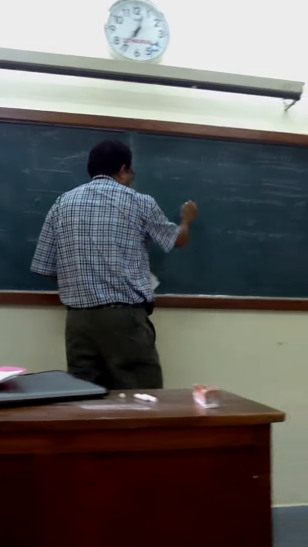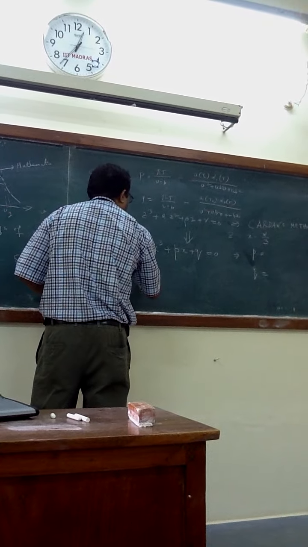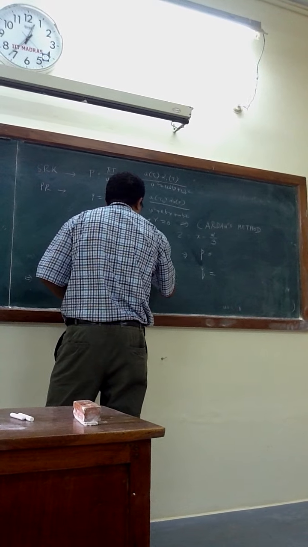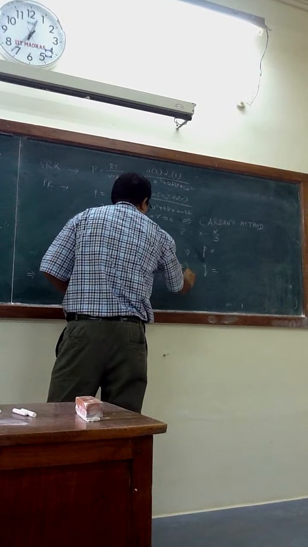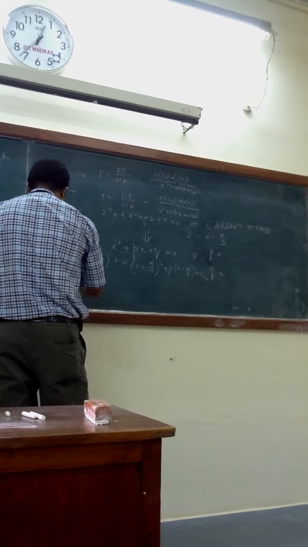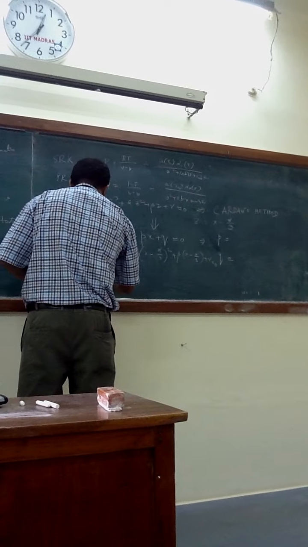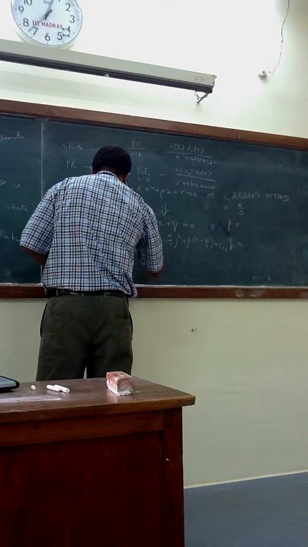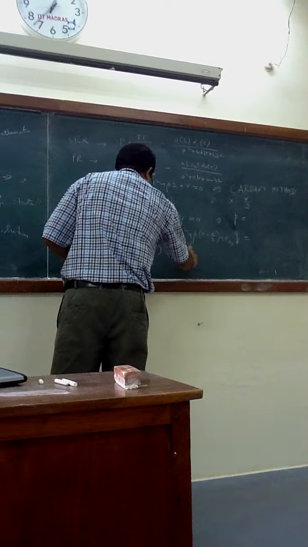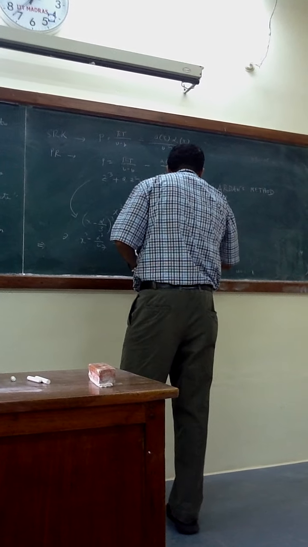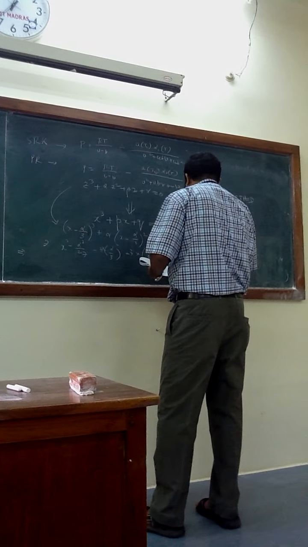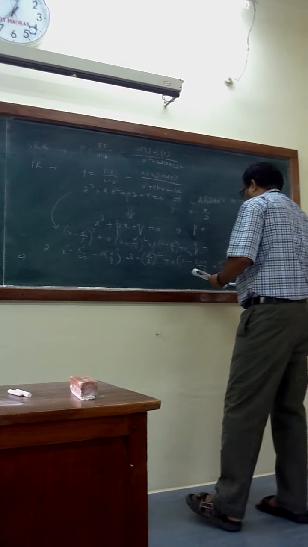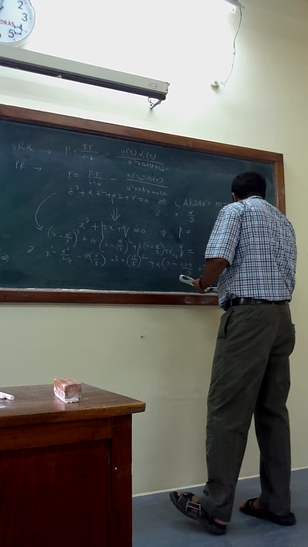So what I am saying is that if you do (x − α/3)³ + α(x − α/3)² + β(x − α/3) + γ = 0, we have x³ − α³/27 − 3x(α/3)... plus 3x(α/3)² plus α(x² − 2xα/3 + α²/9) plus β(x − α/3) plus γ equals 0.